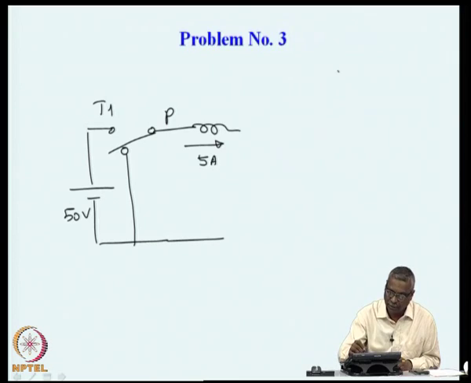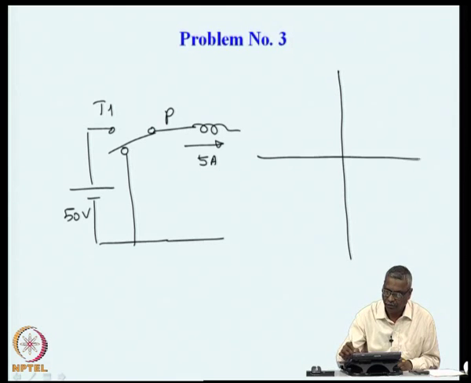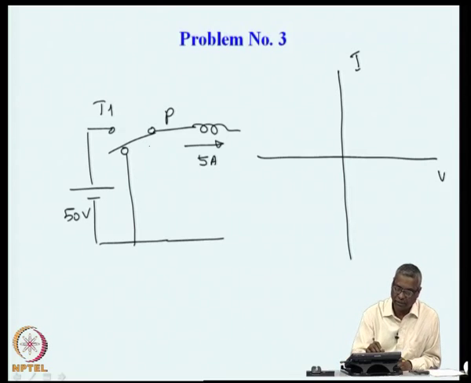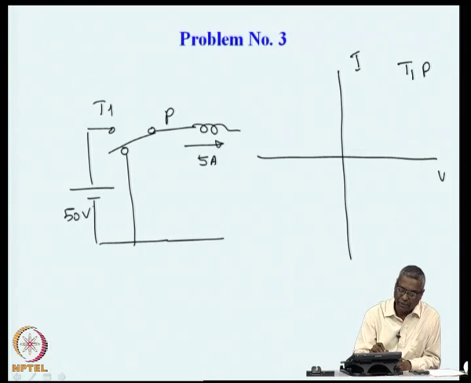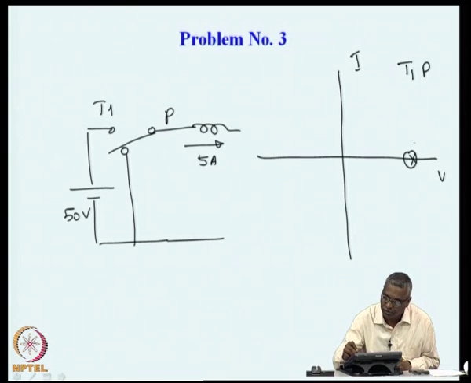So, if you now see PT1 on the VI characteristics, P is at a voltage of 0 and T1 is at a voltage of positive 50 volts. So, the switch T1P has the voltage at P at 0 and the voltage at T1 at 50 volts positive. So, this is plus 50 volts.